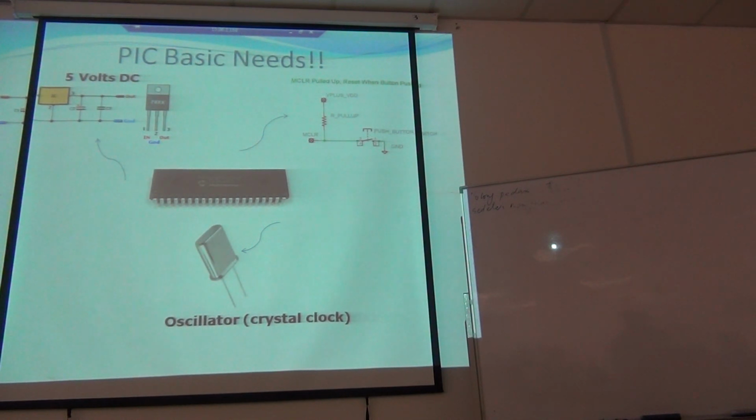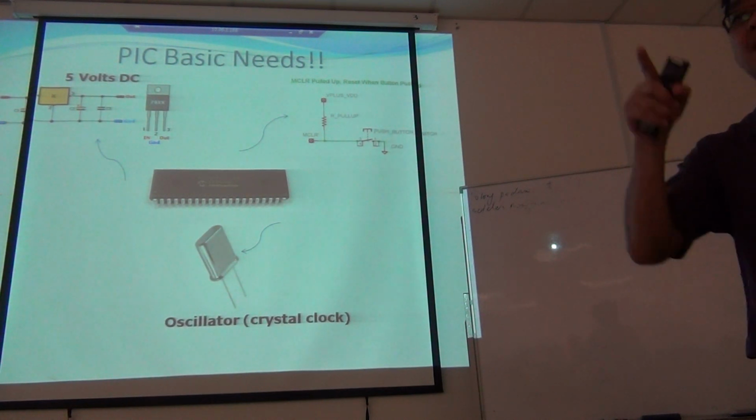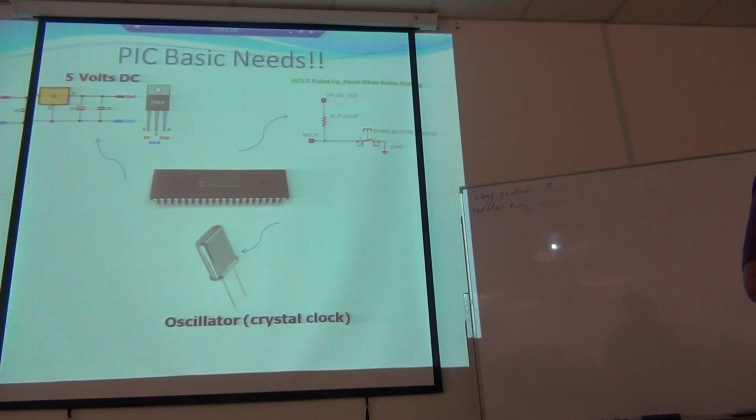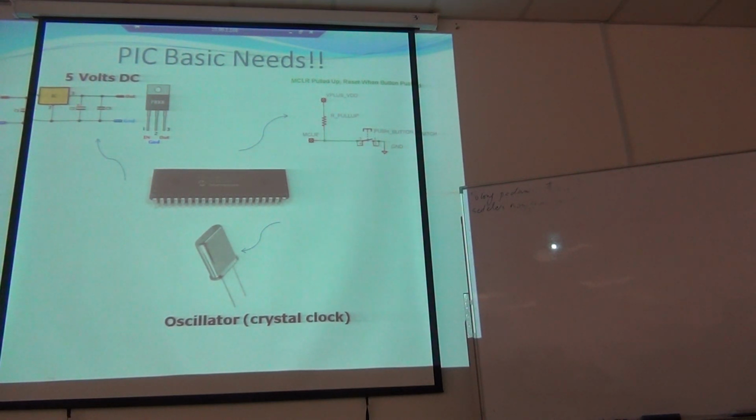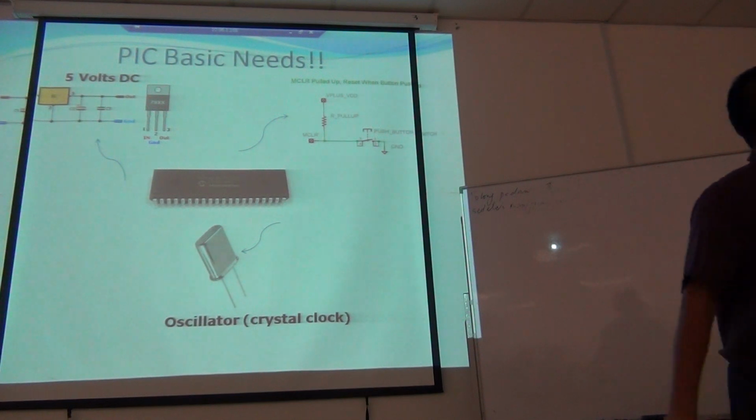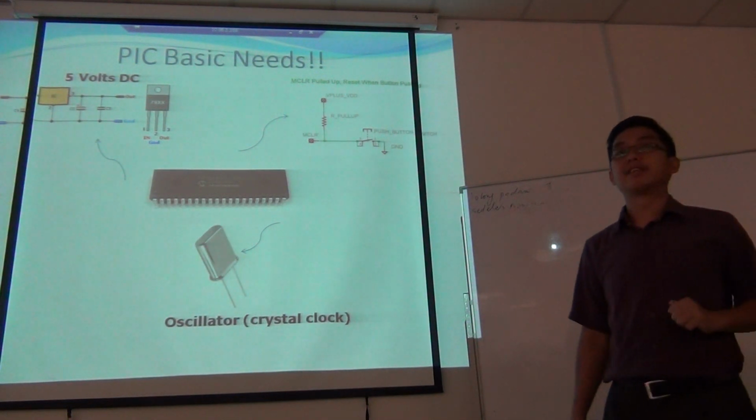To put it back to the original condition. So in PIC, pin number 1 on the green connector, they call it MCLR, master clear. I'm not so sure where the reset button is on the board. You can find out later. There must be a reset button to reset the whole thing.